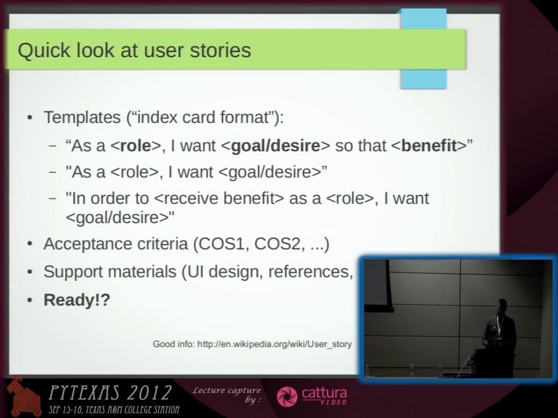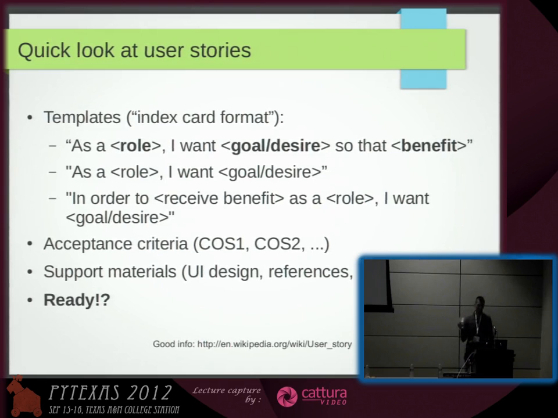But to make it really complete, if you look at the last bullets here, ready, there is a new term in Scrum that's also important to mention. I mentioned definition of done. That's definition of ready. So besides the user story, if you're looking at this index card, you want to be able to flip it over and put maybe 3 or 4 bullets, which would be your criteria of satisfaction or acceptance criteria.